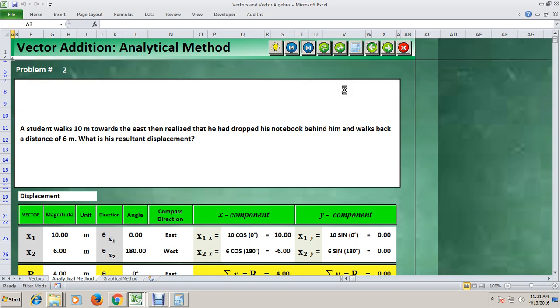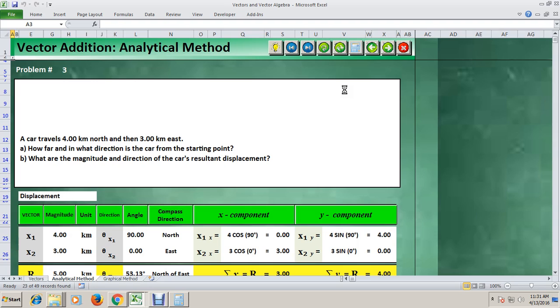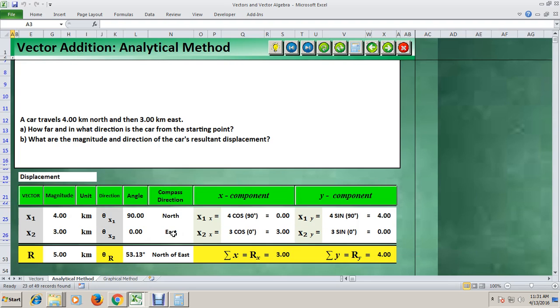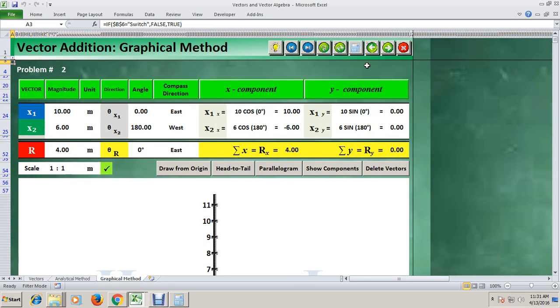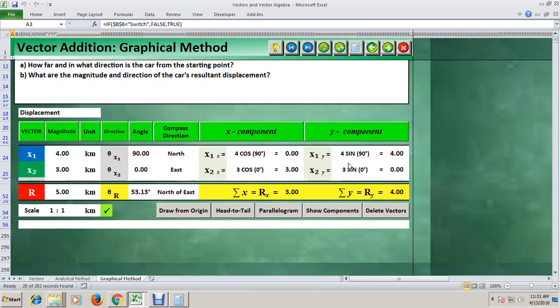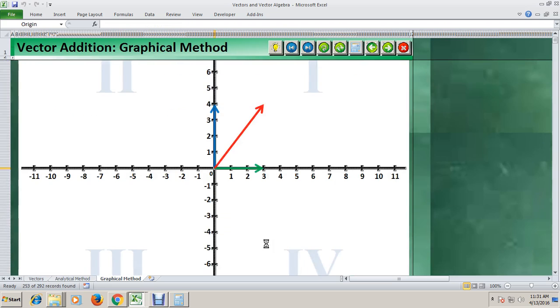Okay, so let's have example number 3. A car travels 4 kilometers north, 3 kilometers east, as shown in the graphical representation for problem number 3. These two vectors are drawn perpendicular to each other if we draw them from the origin.